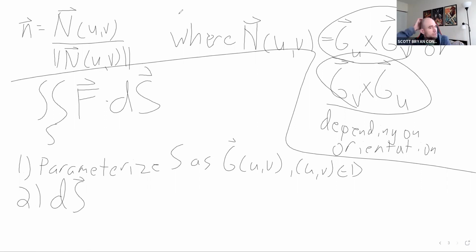And this is really the only different step here. d vector s becomes that N of uv, not the unit normal, just either g_u cross g_v or g_v cross g_u, dA. So dA is du dv or dv du, depending on what the situation with D is.